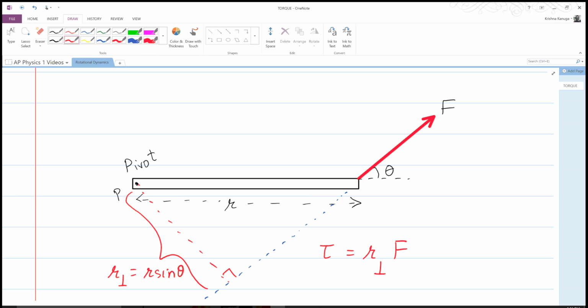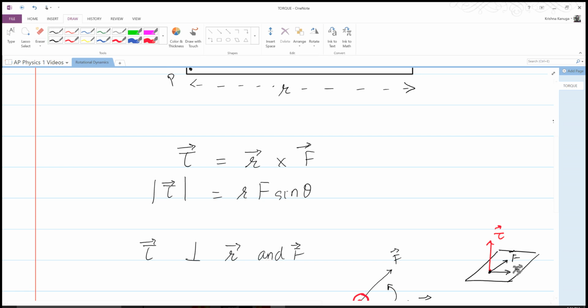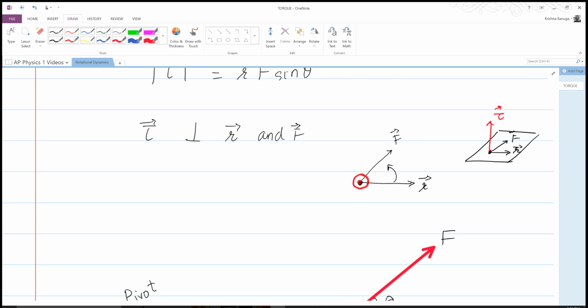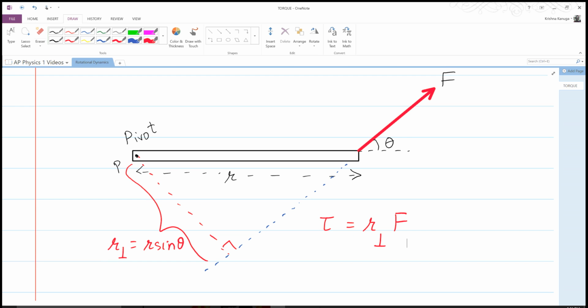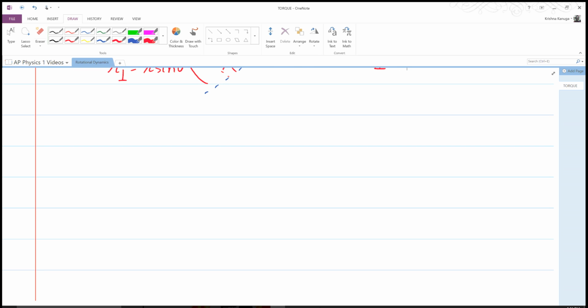So far we have torque whose magnitude is R F sine theta, where theta is the angle between the force and the radius vector. Now this equation also tells us conditions when the torque itself is non-existent. Let's explore that very quickly, and then in the next video we'll look at our first example.